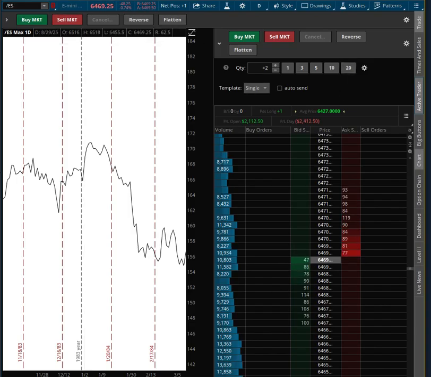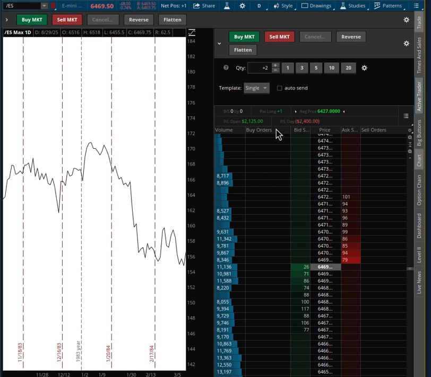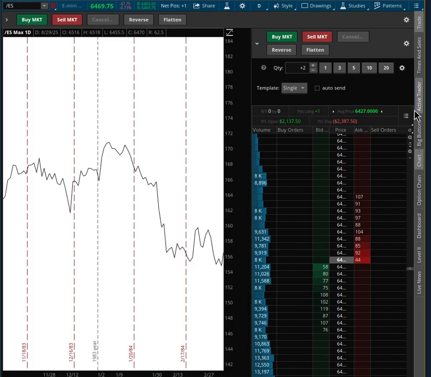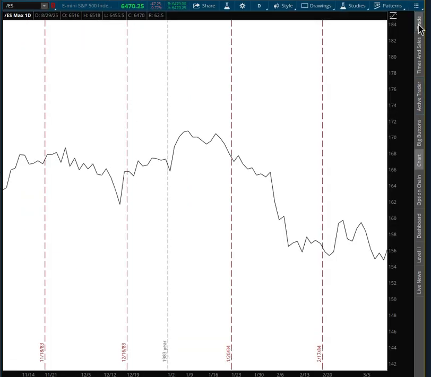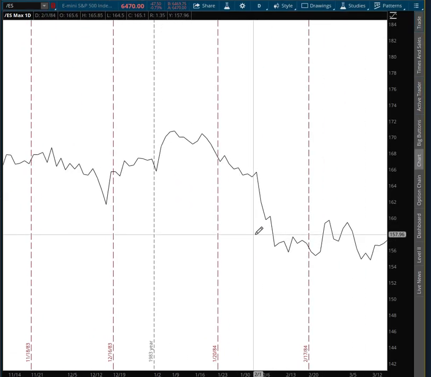I have to be careful when I put my orders and charts here so I don't accidentally put the wrong entry there. But we had a profit there of 21.25. Okay, so let's get rid of that. And that's about it.